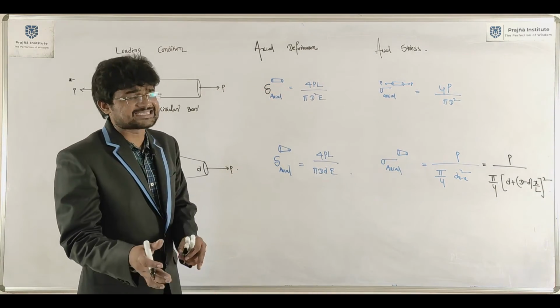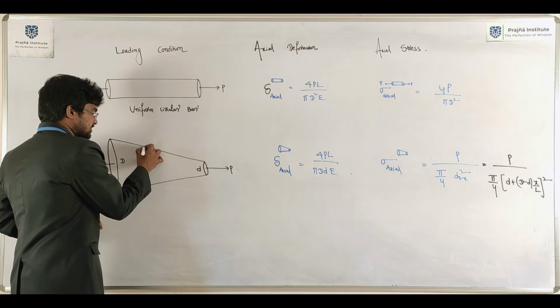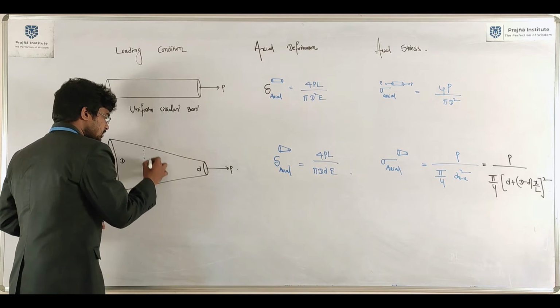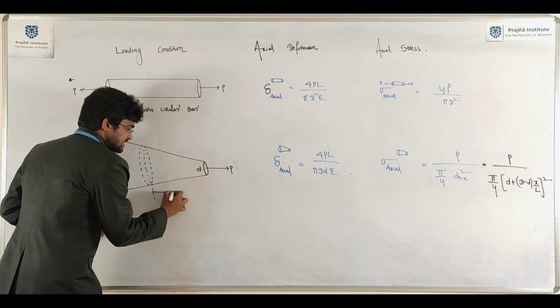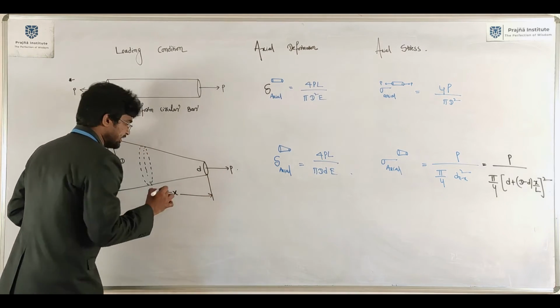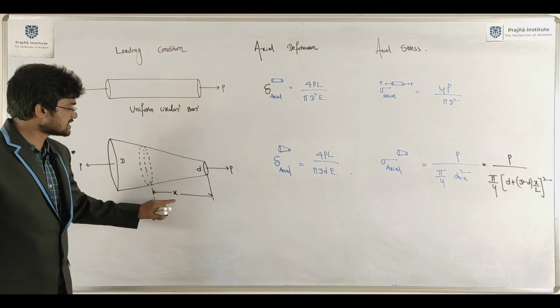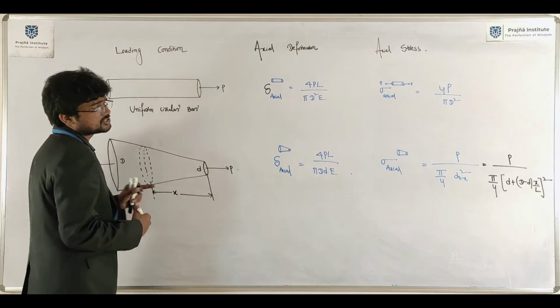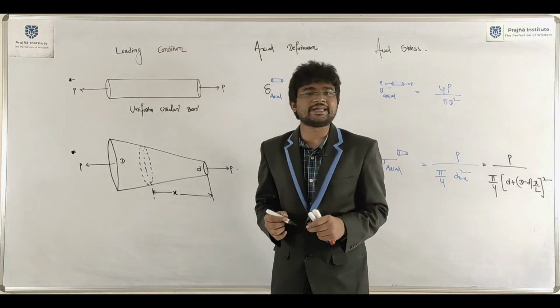So they should ask for axial stress at a particular cross section, at a distance x from the small end, from the right end. This is the x. Here they should specify the cross section, otherwise you can't calculate it.